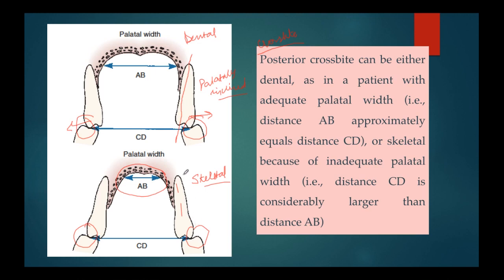In this case, if I just expand the teeth, it will tip the teeth in a buccal direction, so we will have an abnormal inclination of the teeth. So along with the teeth, we need to expand the skeletal bone. We need to expand the palatal bone also, due to which this is a skeletal kind of crossbite and this is a dental kind of crossbite.